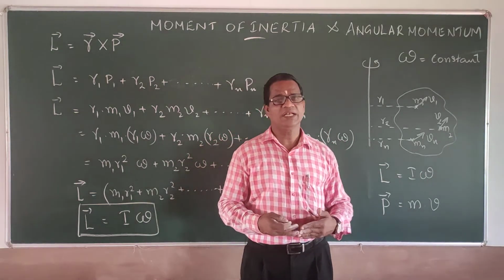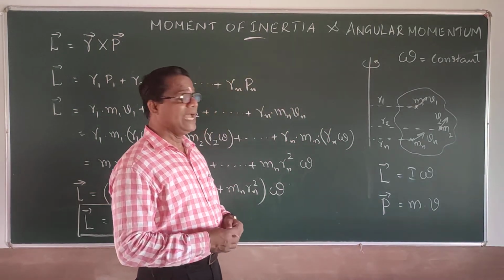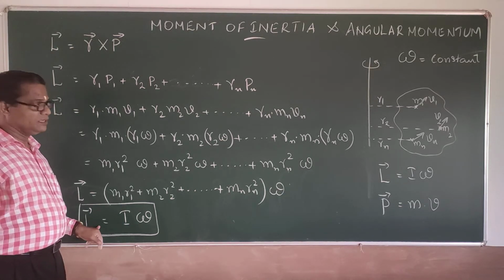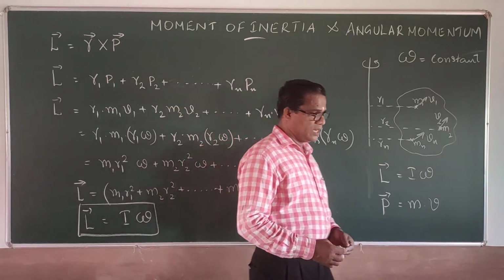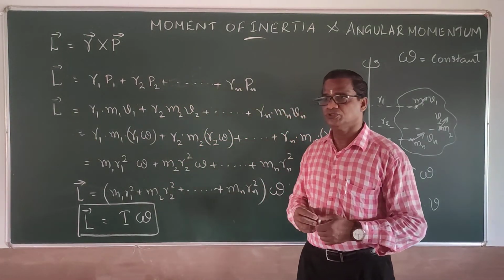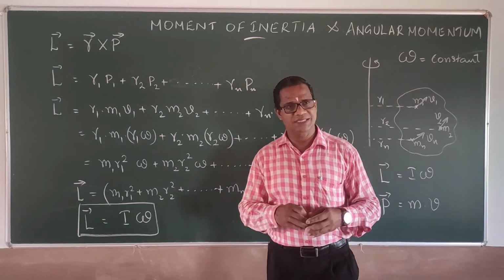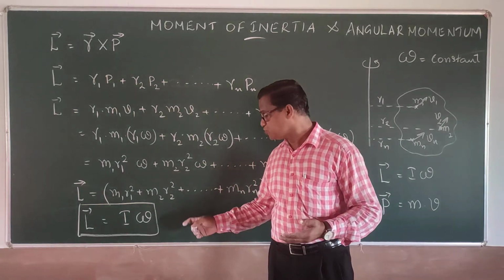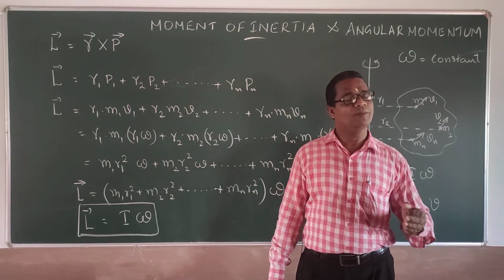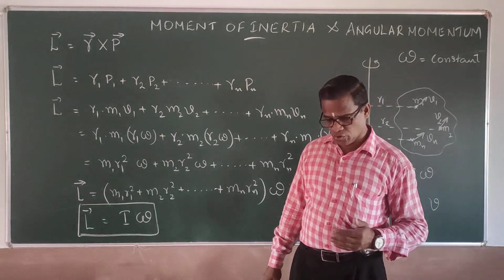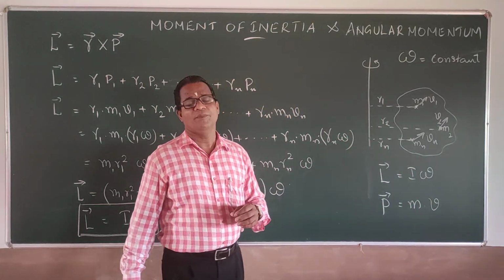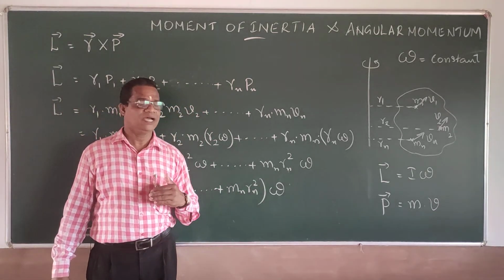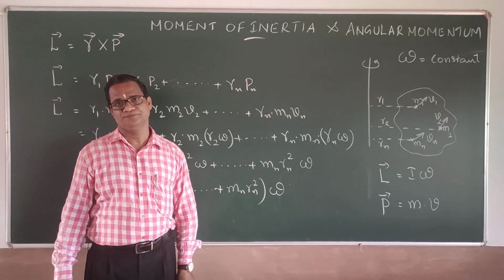So in every sense you can compare linear motion with angular motion like this. This equation is very important. It can be used for analyzing the rotational motion of certain types of objects or situations, and angular momentum conservation can also be understood in terms of L equals I omega. So in this video you understood the relation between moment of inertia and torque, and moment of inertia and angular momentum.